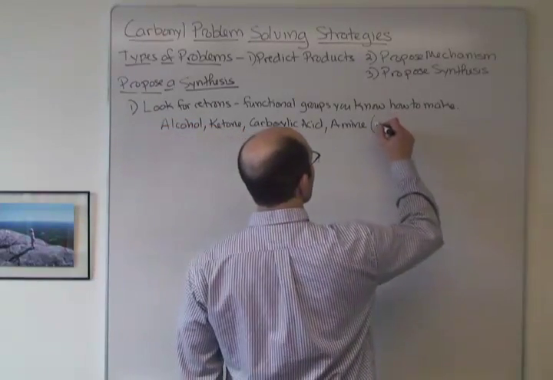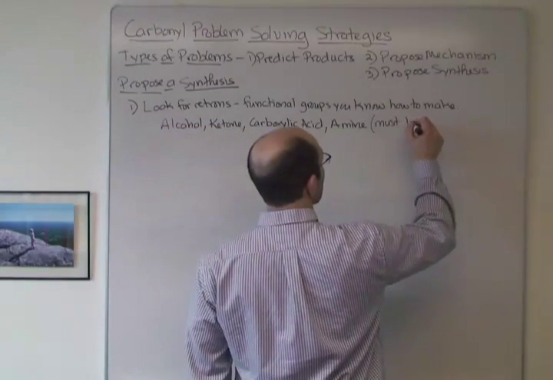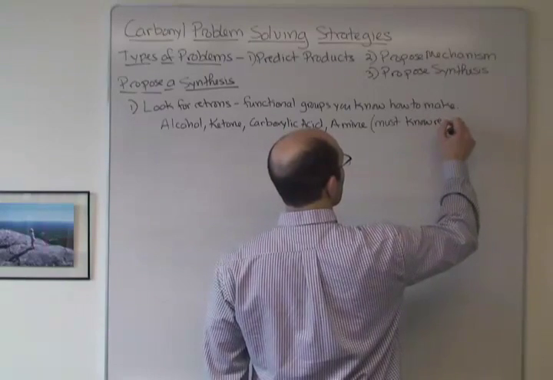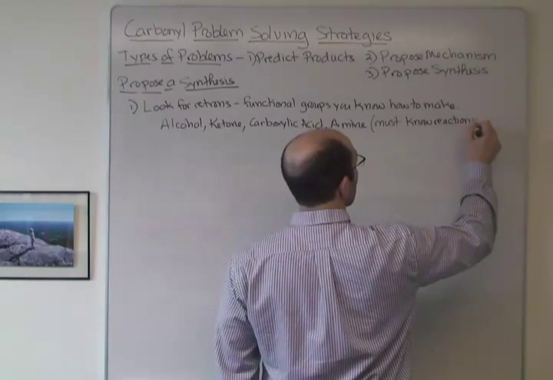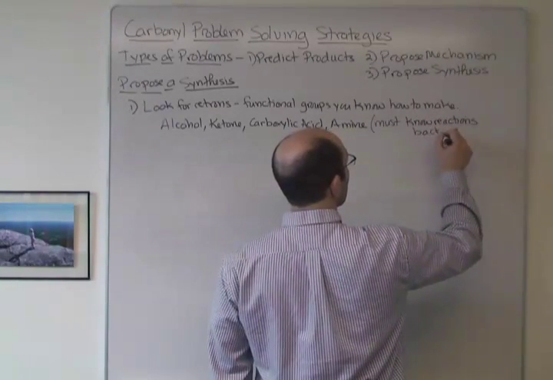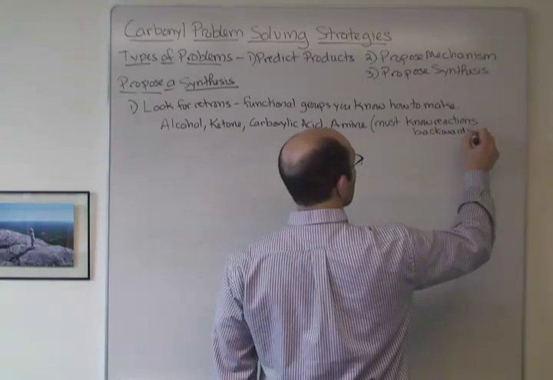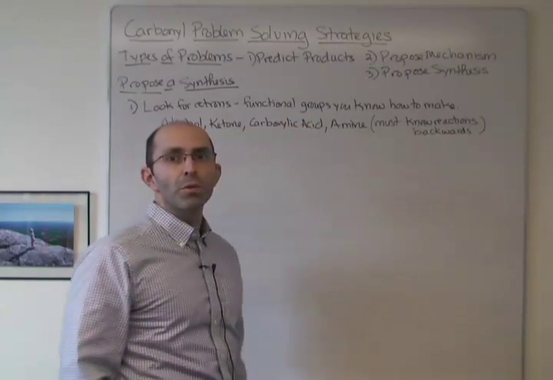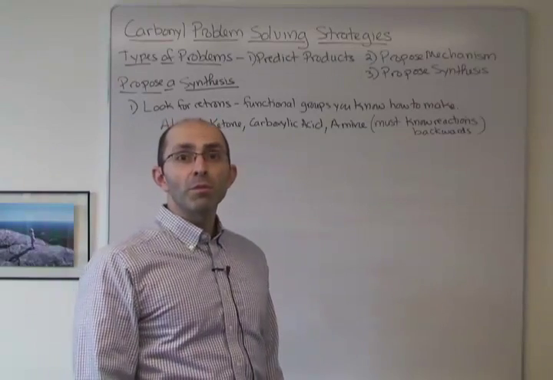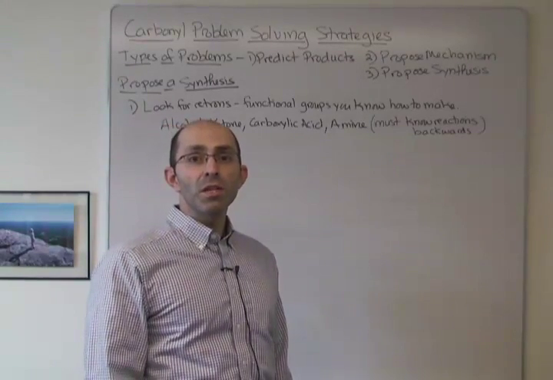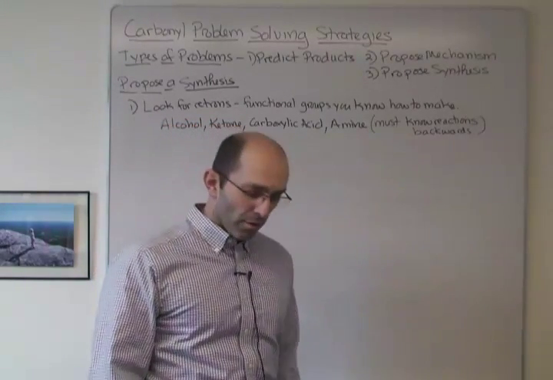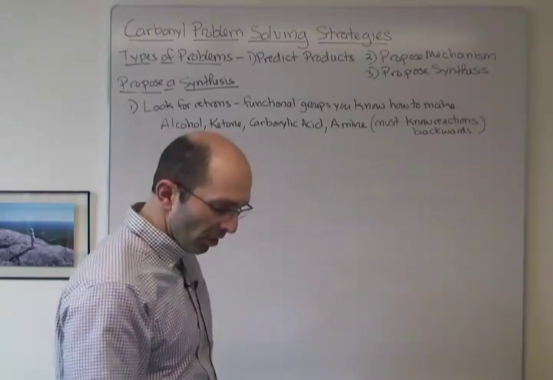So that's a really important point. It's not enough just to know the reactions A plus B goes to C. You have to know C can be made from A and B. So make sure you're studying those in reverse.